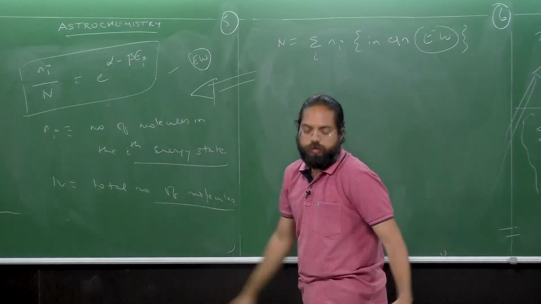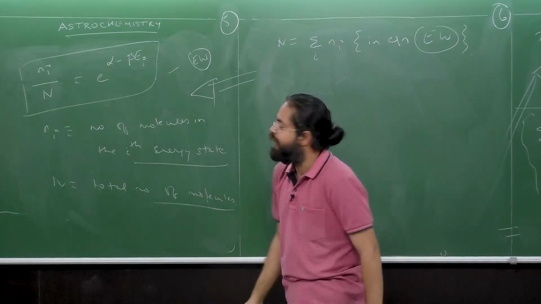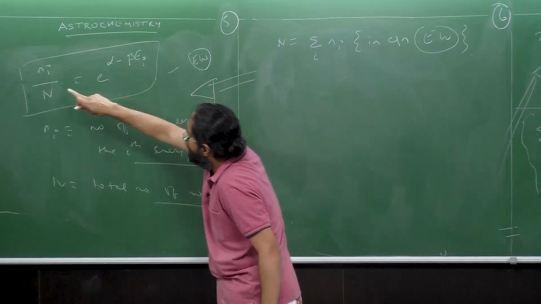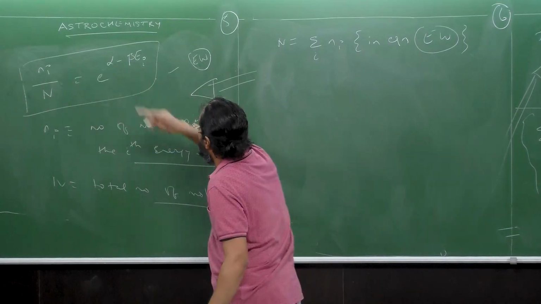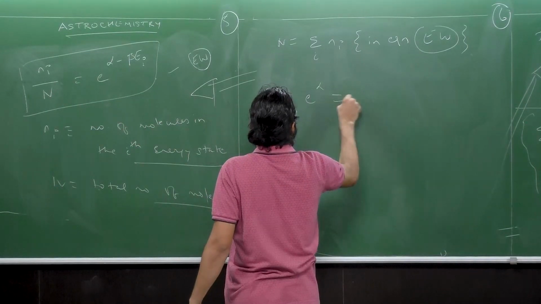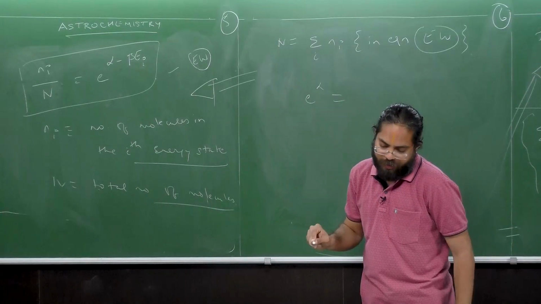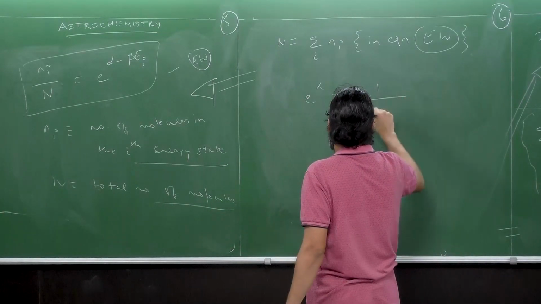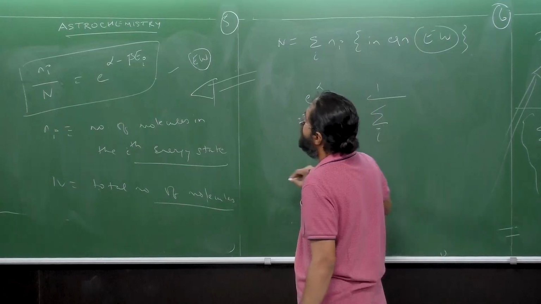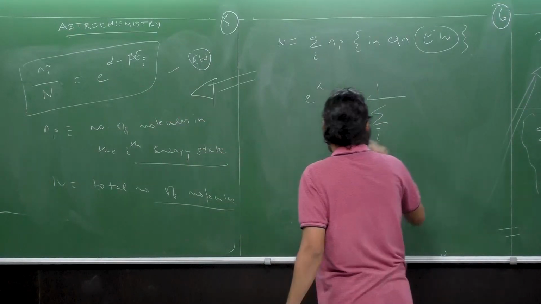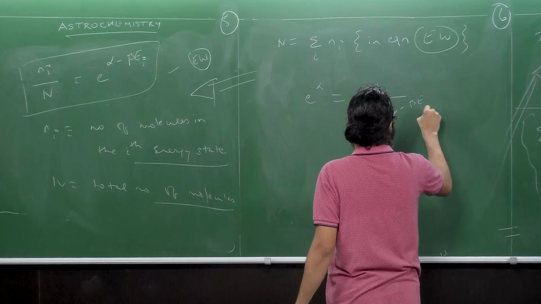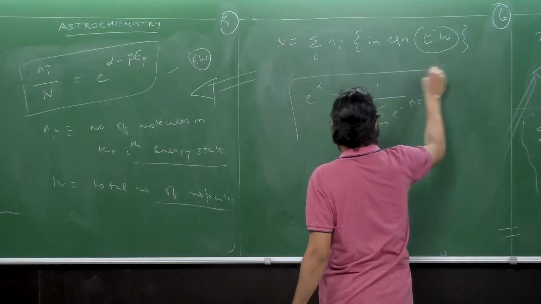And consequently, I get that e to the power alpha is equal to 1 by sigma over i, e to the power minus beta Ei. This is a very important relationship.